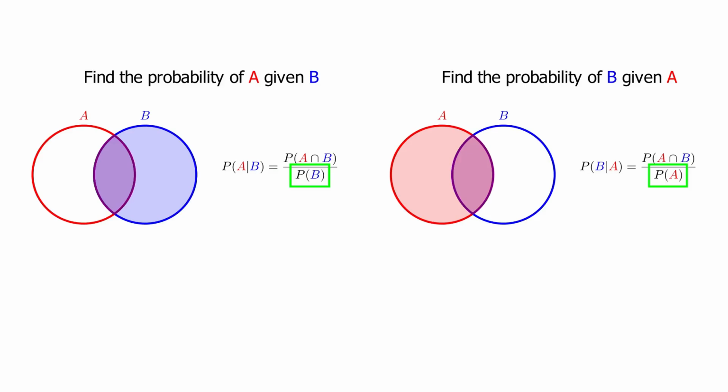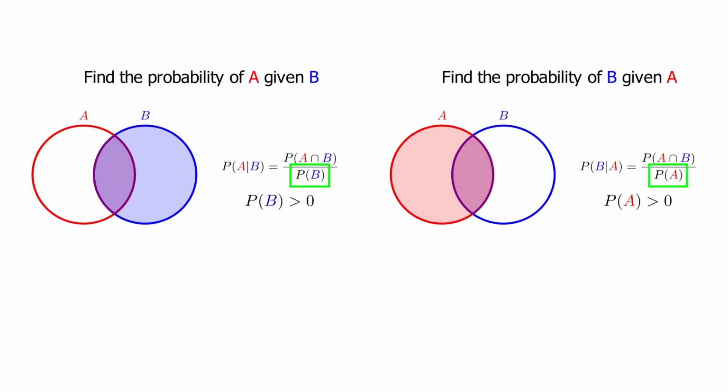And because the probability of what we're given is going to be our denominator, we have to ensure it's not 0 because we can't have undefined values. So it's very important that with both these formulas that either the probability of B is greater than 0 or the probability of A is greater than 0, depending on which you use.